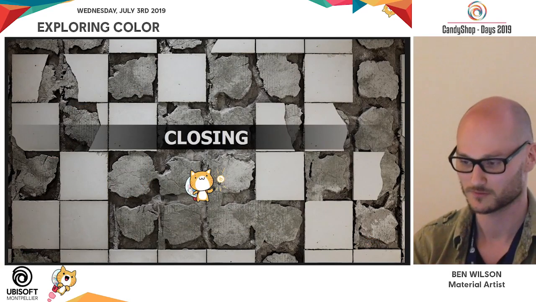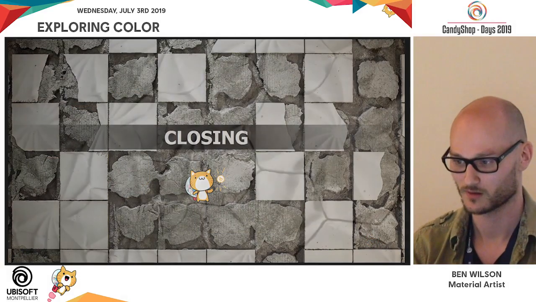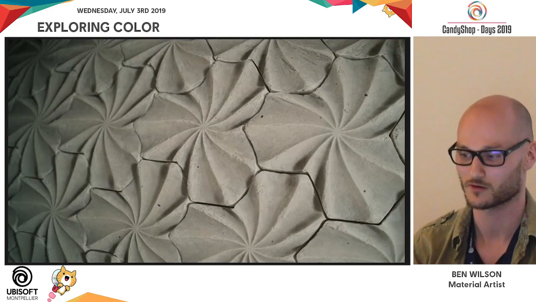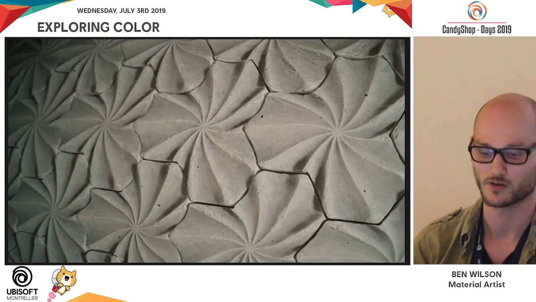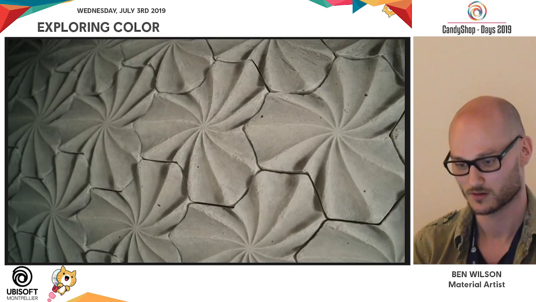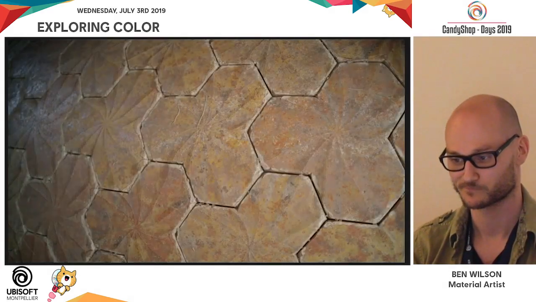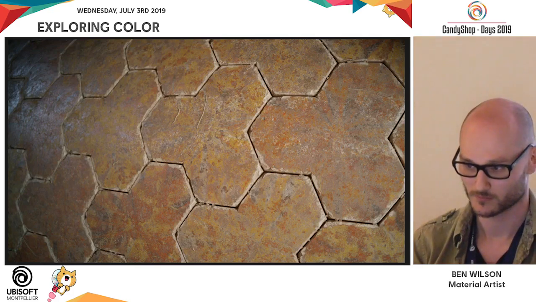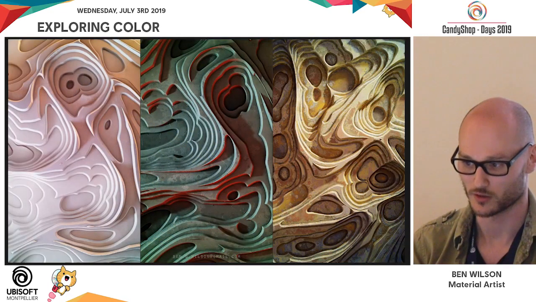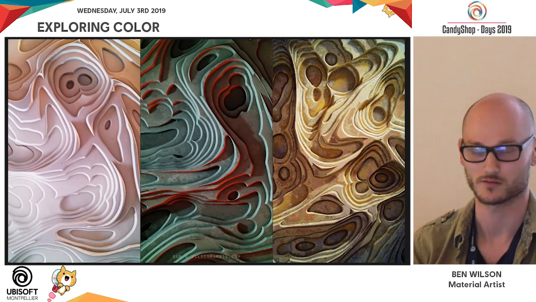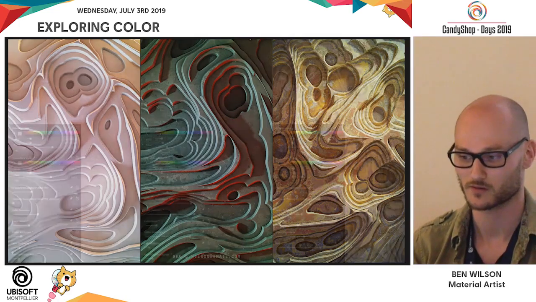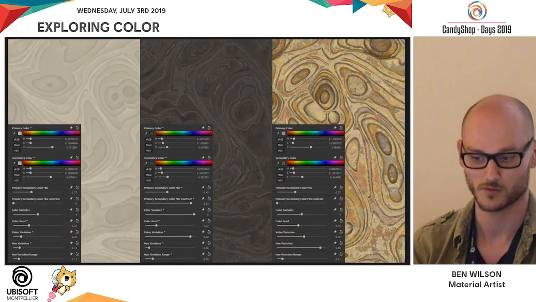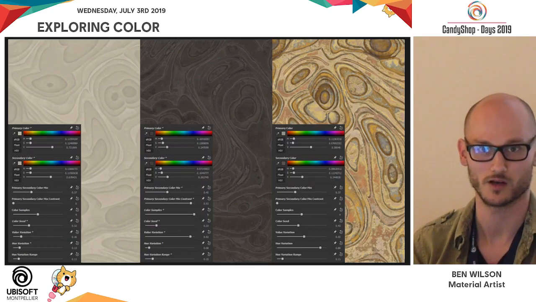So to close off, I think there's a lot of flexibility in this setup. You can get some very subtle results, or you can go quite bold with it. And you can really create quite a lot of variation. In fact, these materials here just have two color pickers.